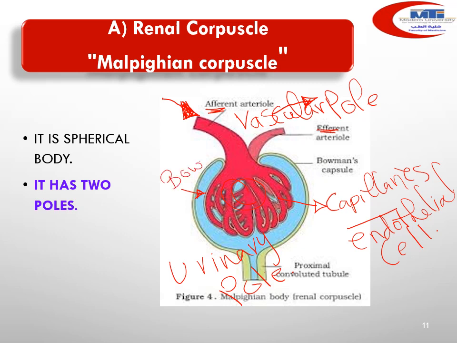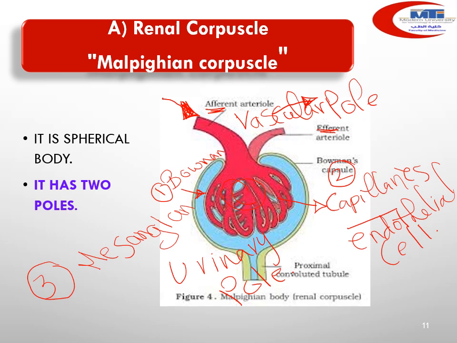Then you have the blood capillaries, and the third structure is called the mesangium. The mesangium we will discuss in the next lecture. So the renal corpuscle is formed of three structures: the Bowman's corpuscle, the glomerulus, and the mesangium.